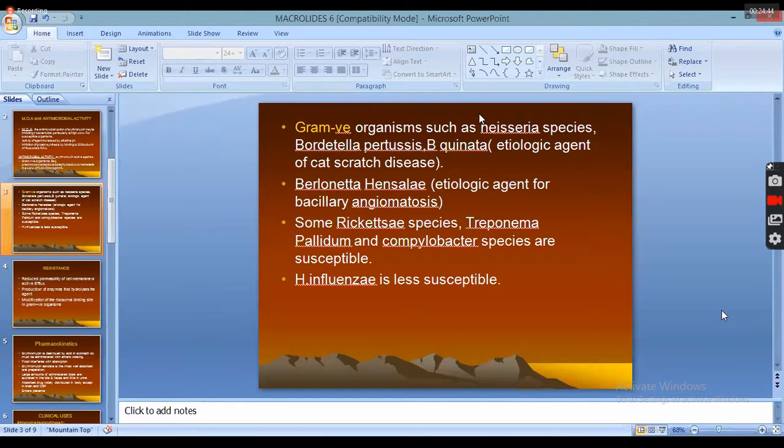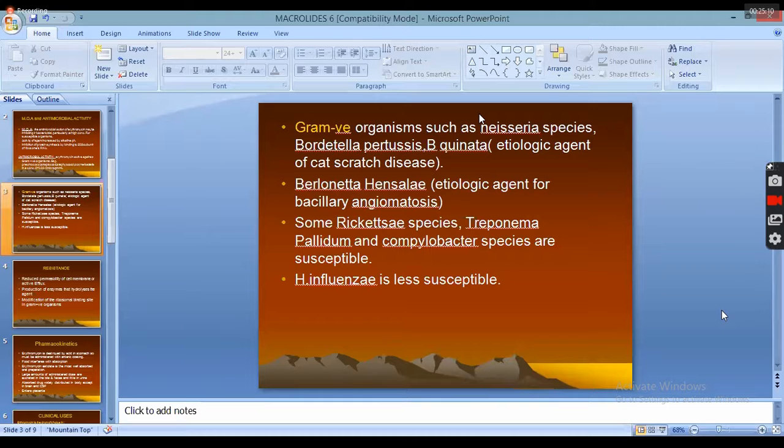Neisseria has two: Neisseria meningitidis, which is responsible for causing meningitis, and Neisseria gonorrhea, a sexually transmitted disease. Then Bordetella pertussis, which is responsible for Kali Khasi. Pertussis is Kali Khasi. So Bordetella pertussis is the organism responsible for producing pertussis or Kali Khasi.